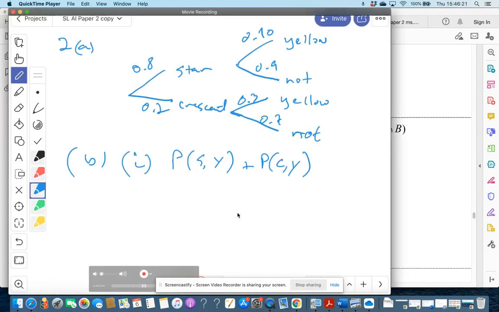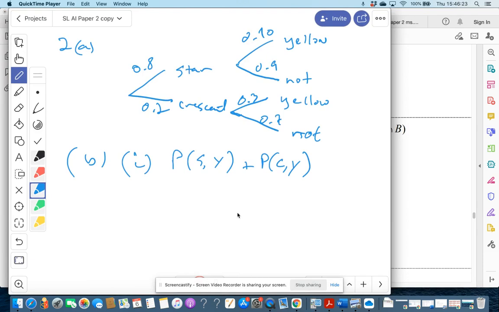So star and yellow, that's 0.8 times 0.1, and I'm going to add. So this is the overall probability that it's yellow. Probability of a crescent, 0.2.